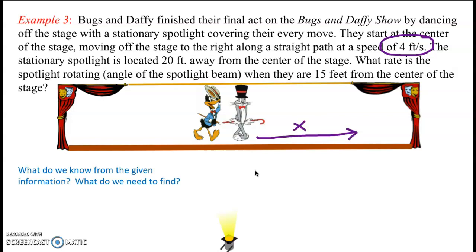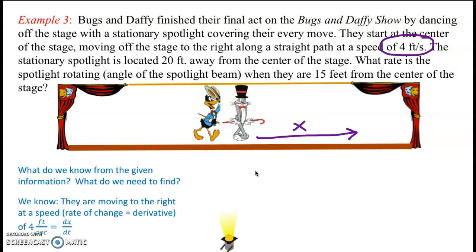So I know that they're moving in that direction, but the distance between the center of the stage and where they are is changing. I'm going to call that x because it's a horizontal distance. We know that they're moving to the right at a rate, a derivative, of 4 feet per second. So that's going to be my dx/dt.